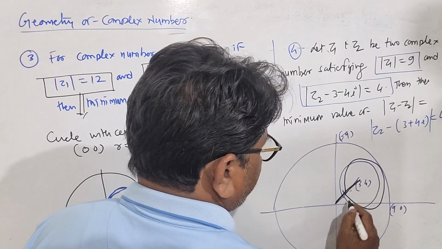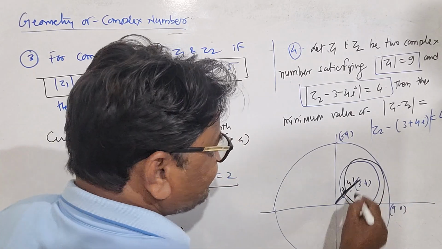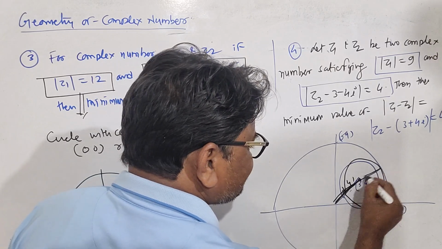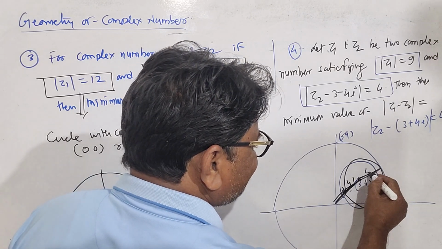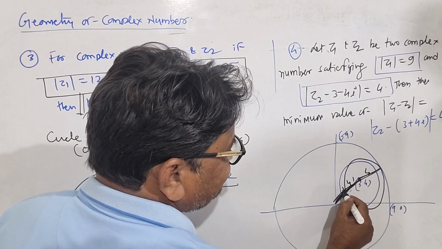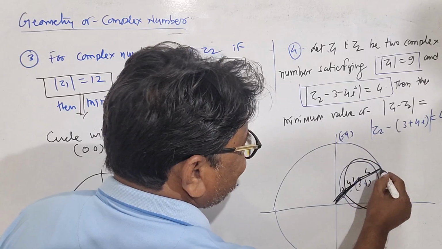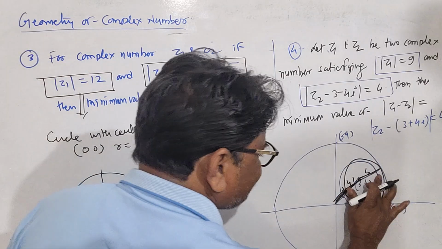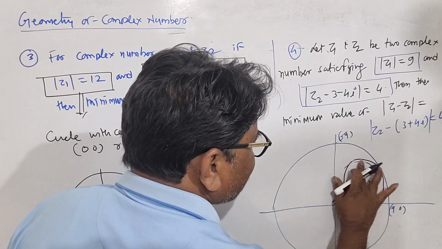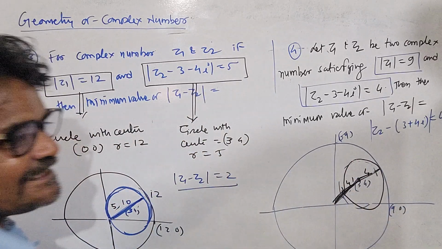From here to here this distance is 4. So 4 plus 4 is 8, 8 plus 1 is 9, and the radius of this circle is also 9. So actually the circles are touching each other internally.